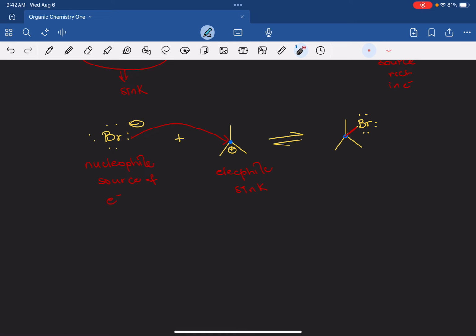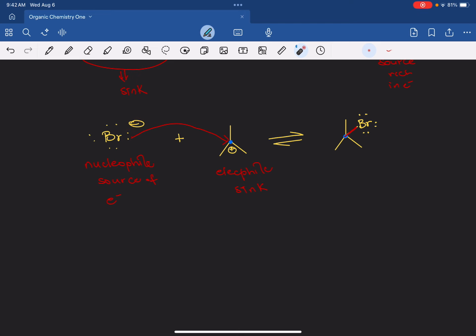Bromine, and all your halogens, are neutral when they have a single bond and three sets of lone pairs, these 6 electrons. Outside of that, there's a charge. So if you notice here, it has a minus charge.